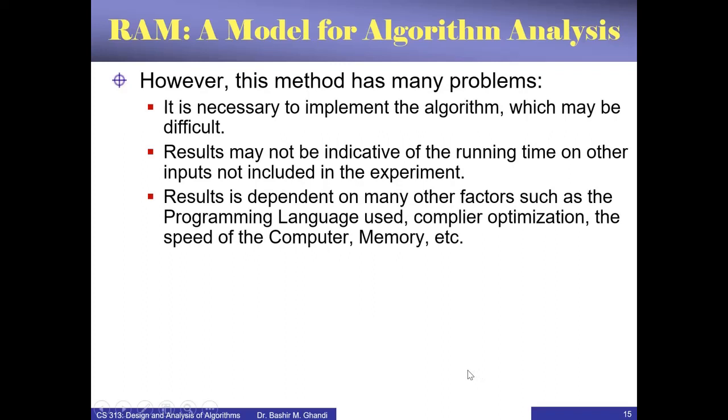But perhaps an even bigger problem is number three. It says the result that you get actually depends on many other factors, not just your algorithm. Such factors could include the programming language used to implement your algorithm.